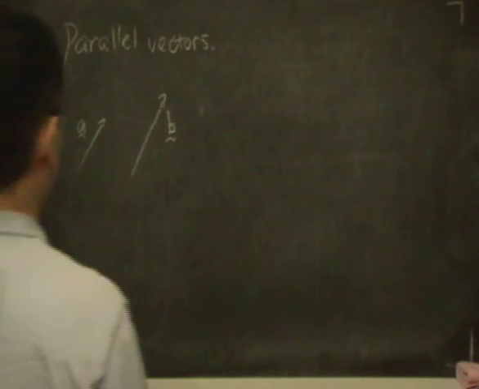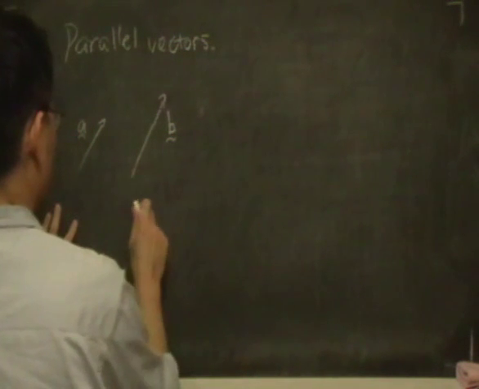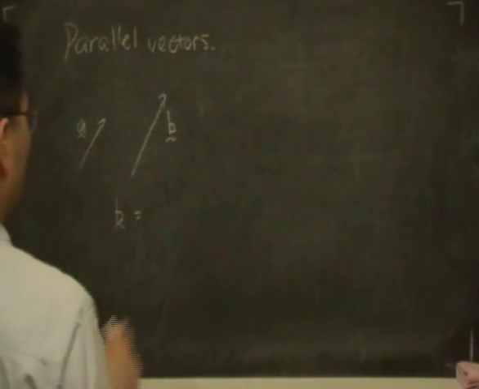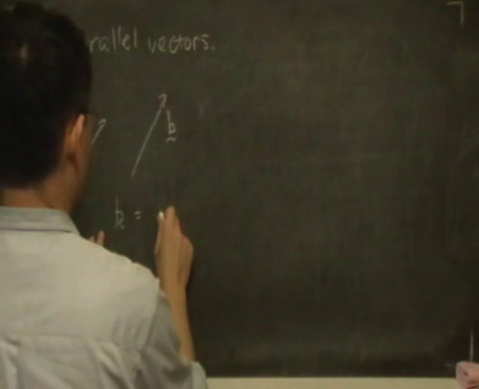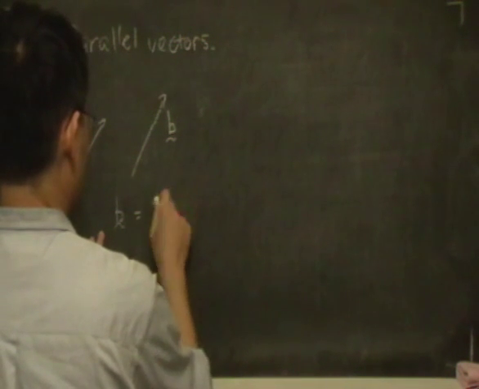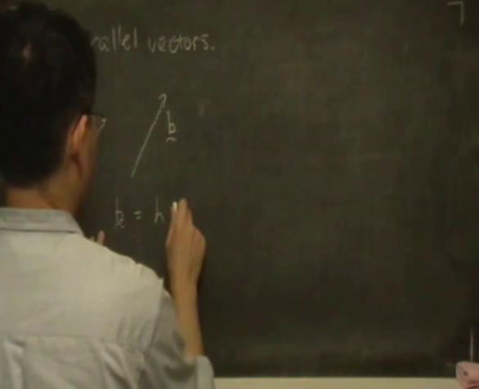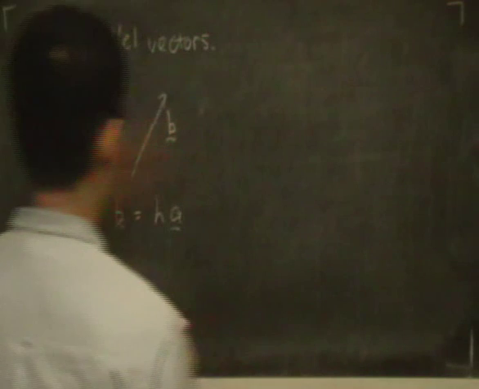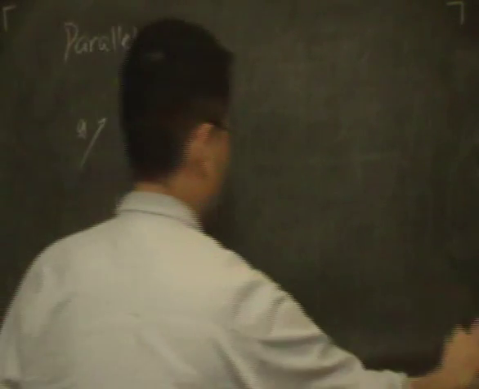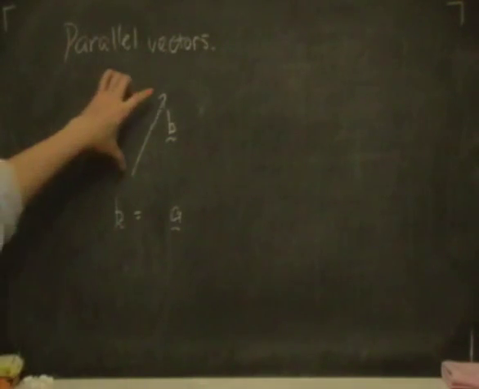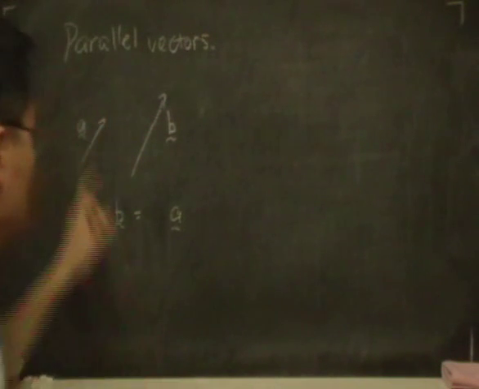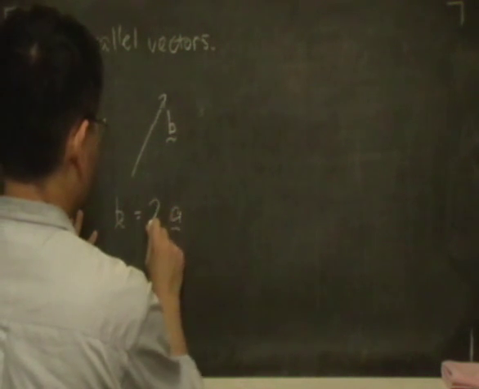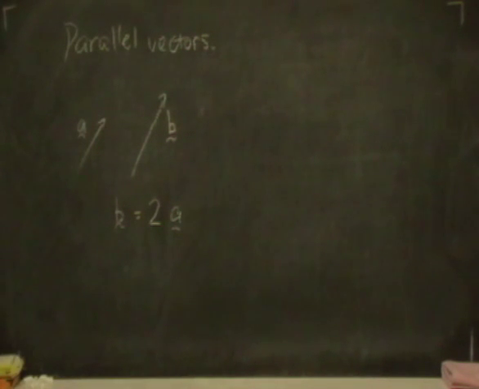So for parallel vectors like that, I can always express one vector as some number, let's say h times another vector A. So if I look at an example, say when this vector B is twice as long as the vector A, then I can write down B is equal to 2 times A.